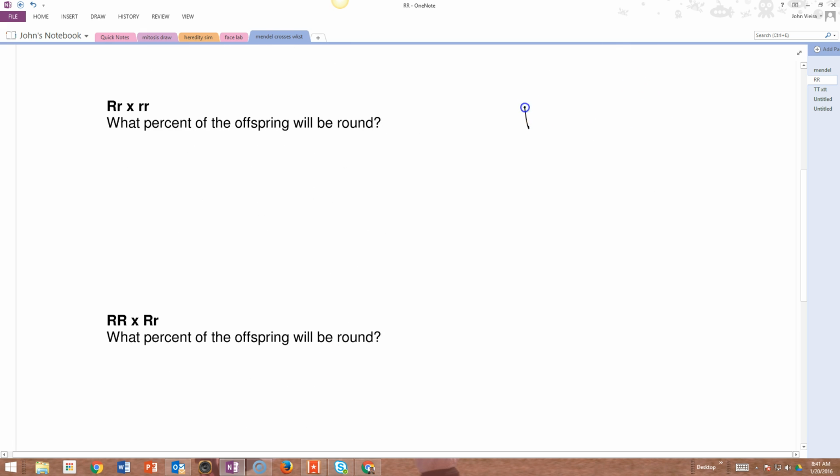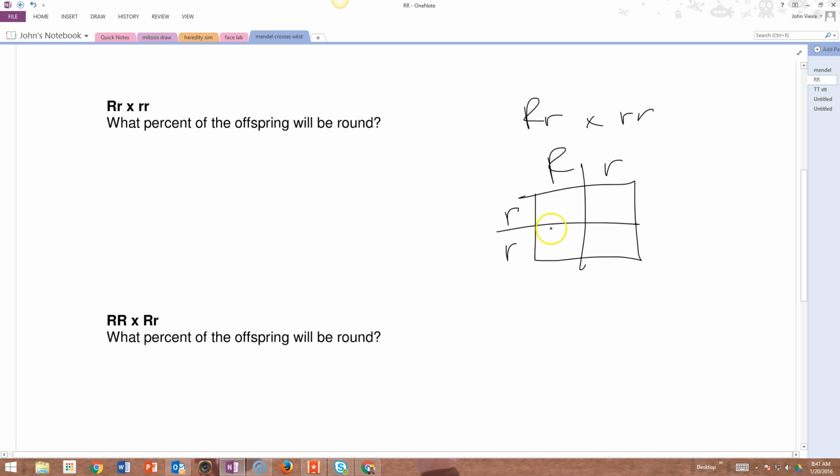When you do it like this, however, you'll notice it doesn't matter which side you put the parents on. Round, wrinkled. Round, wrinkled. So 50% of those will be wrinkled. 50% of those will be round. So 2 out of 4, 50%.